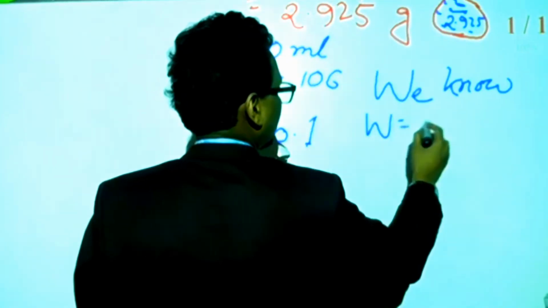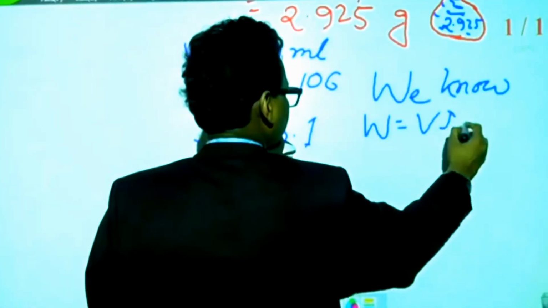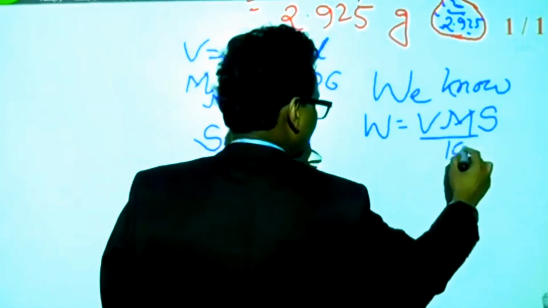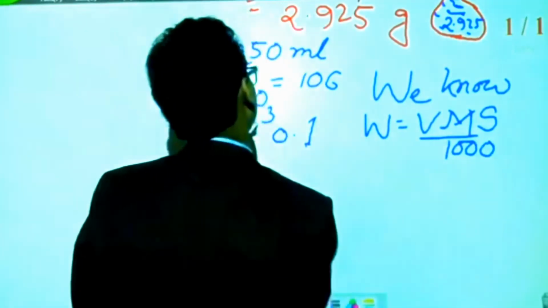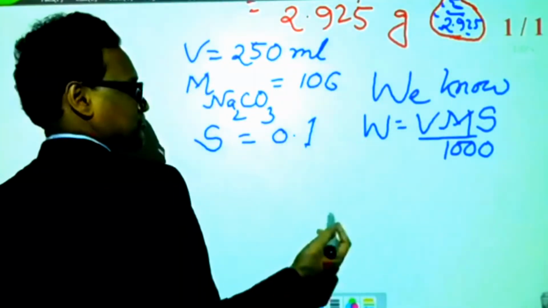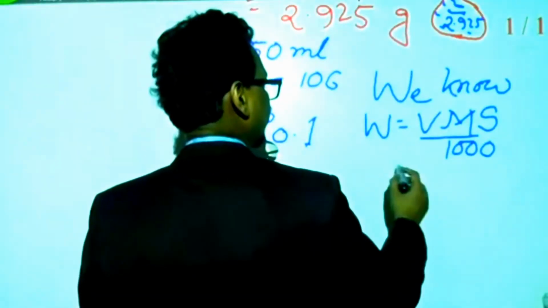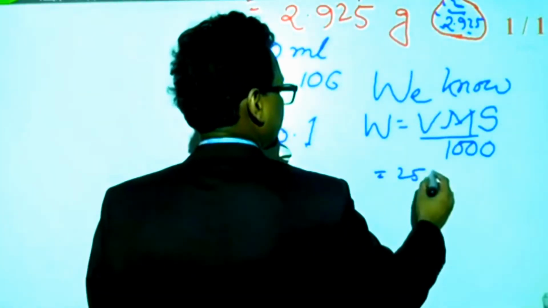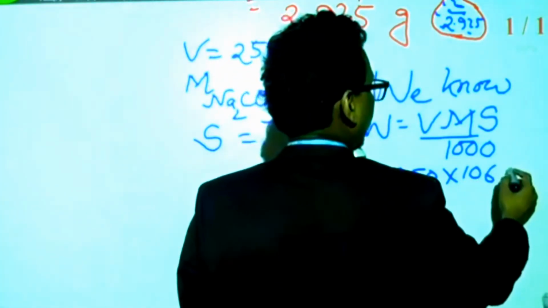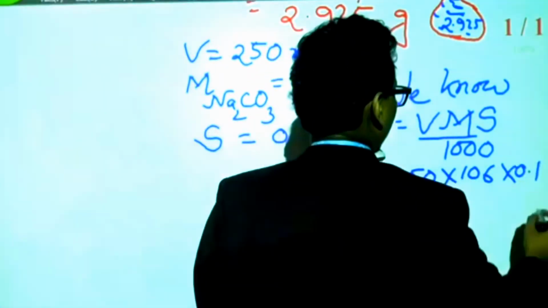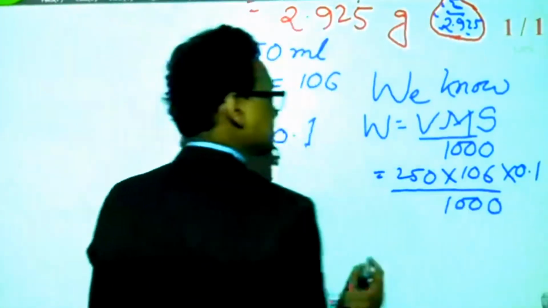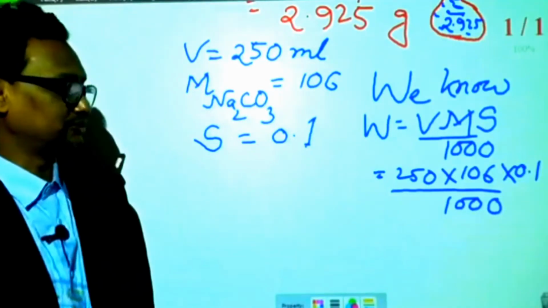W into 1000 equals VMS. So W equals VMS divided by 1000. So V is 250, M is 106, and S is 0.1, and it will be divided by 1000. So you can determine easily what's happening here, my dear students.